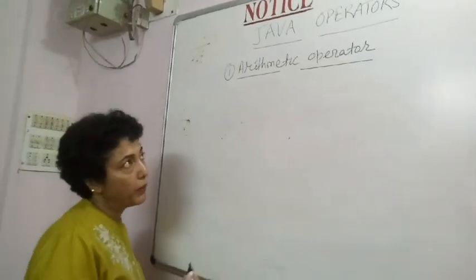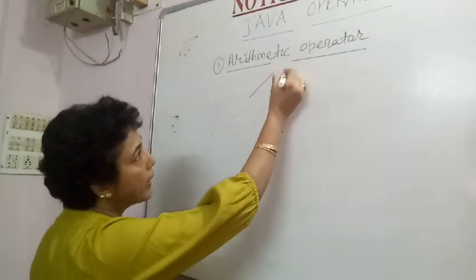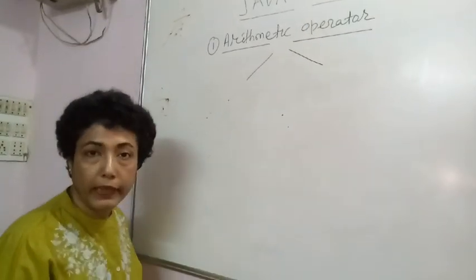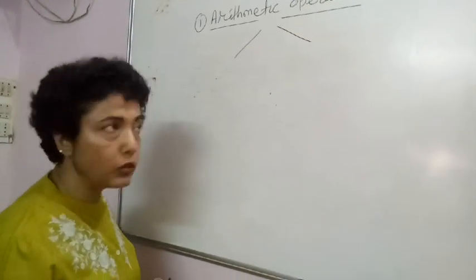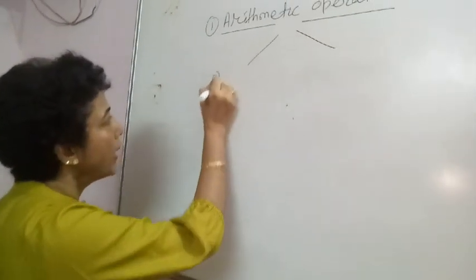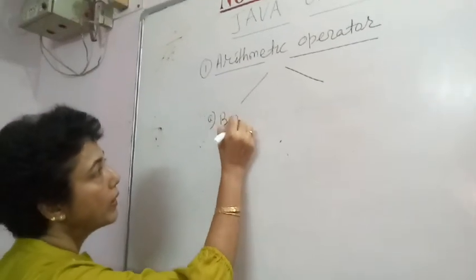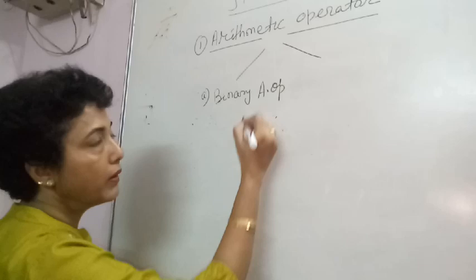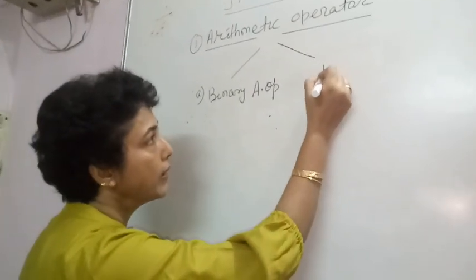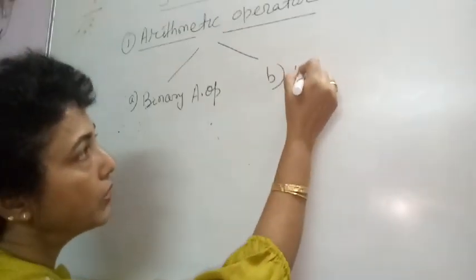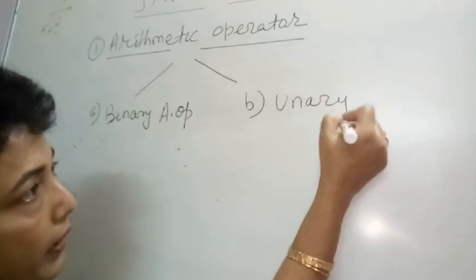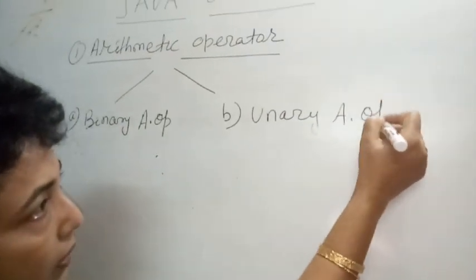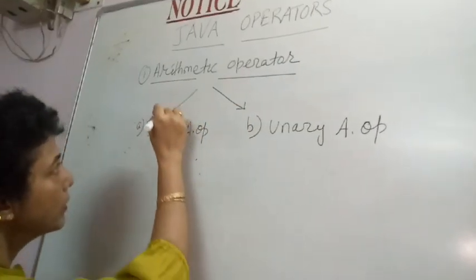These arithmetic operators can further be divided into 2 major groups. One is the binary arithmetic operator, and the second one is the unary arithmetic operator. I am writing in short form.